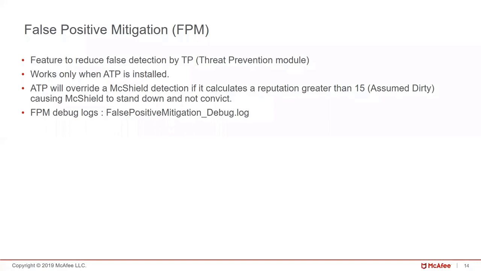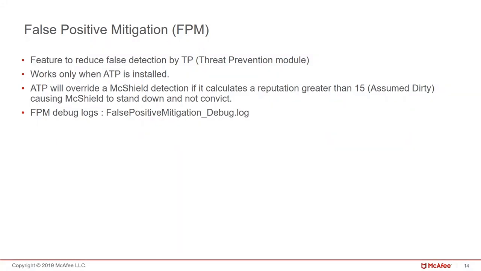This is one of the stronger components of ENS 10.6.1. If we do get a false positive from the on-access scanner, before we actually convict that file, it is going to be handed over to ATP. If it is a PE file type, being a DLL or an exe, we're going to run that through the RealProtect framework.